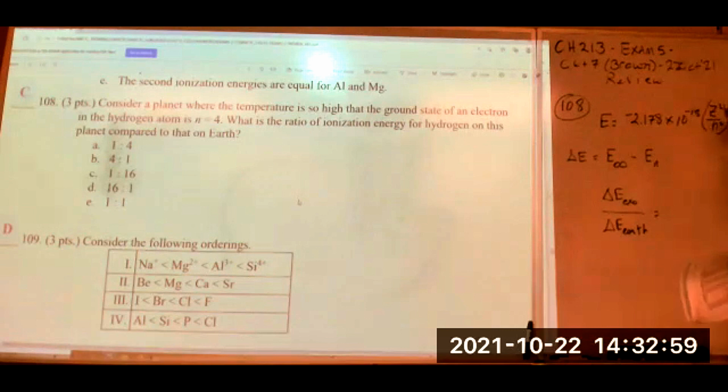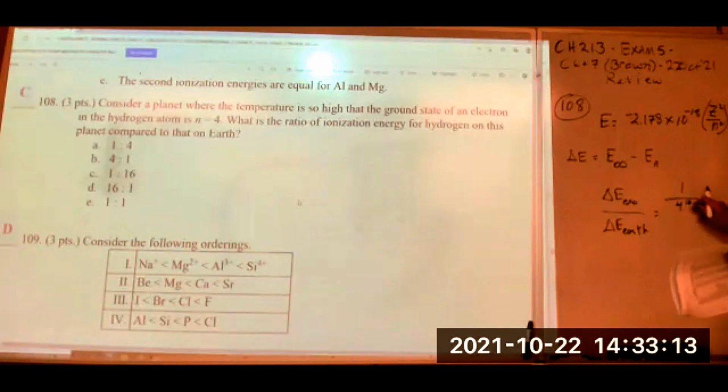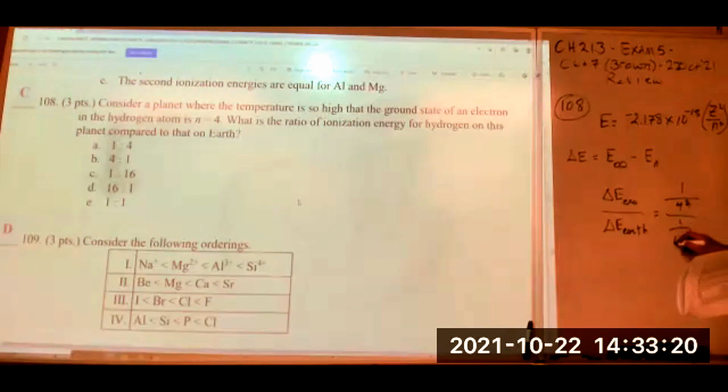Then if we ratio these two, those terms would cancel out. So really what we've got is a ratio of 1 over 4 squared for the exoplanet, and this one is 1 over 1 squared. So it'd be... is that right?